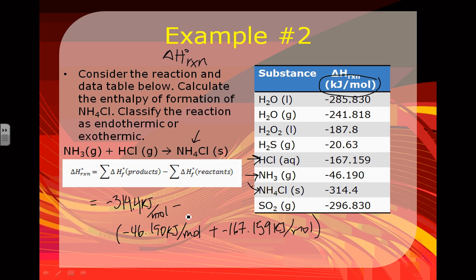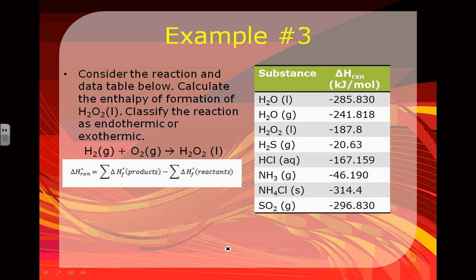When I solve this problem, what I'm going to end up with is 101.11 kilojoules per mole. So that's going to be the enthalpy for this reaction. That's our answer right there.